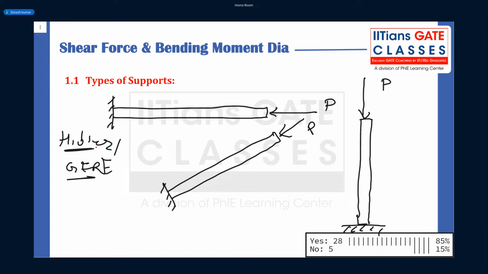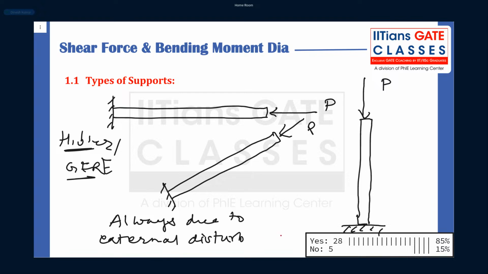Okay, so the buckling failure is due to what? It is always due to external disturbance. What are external disturbances? Can anyone tell?